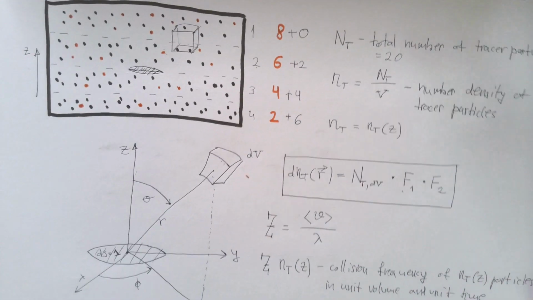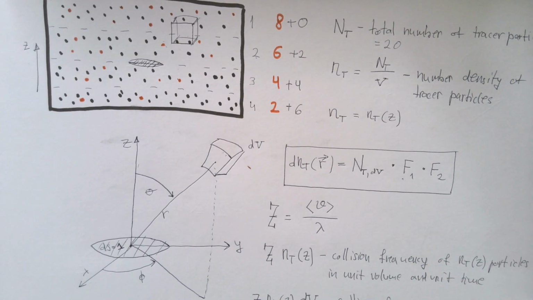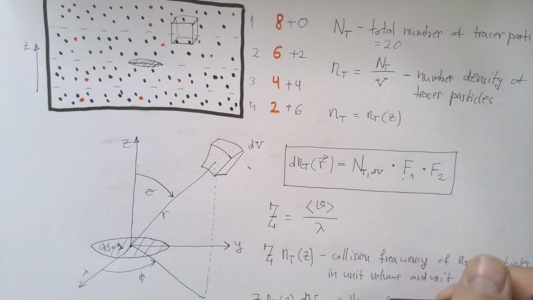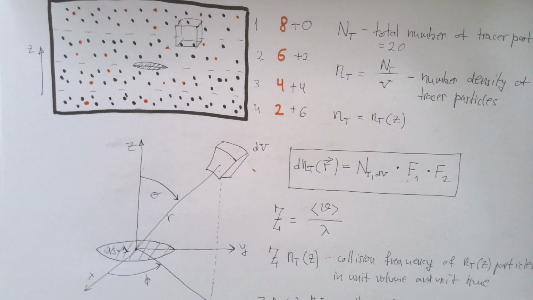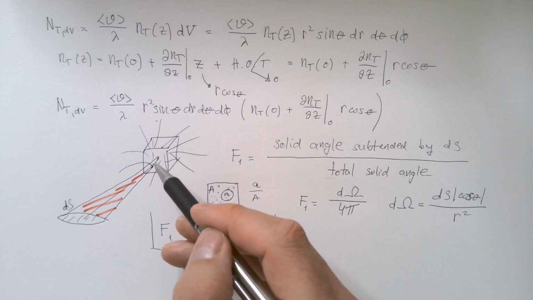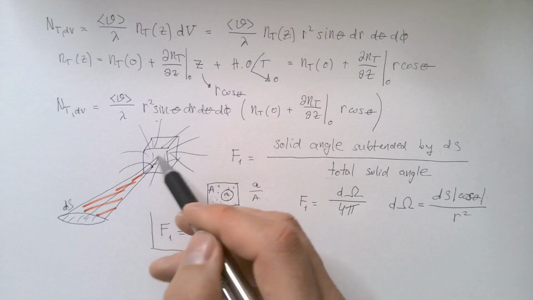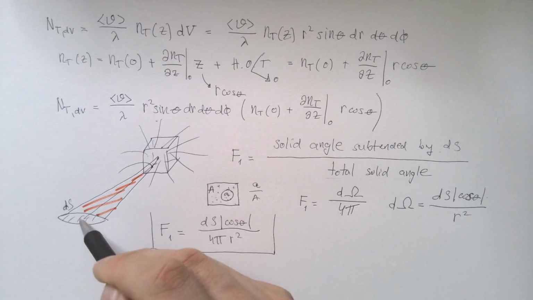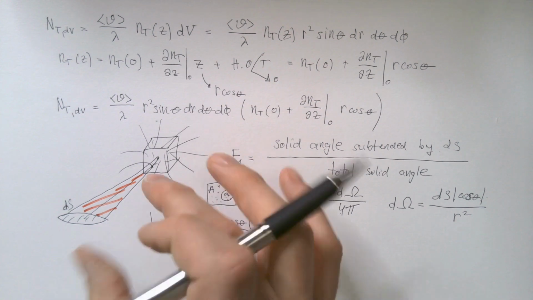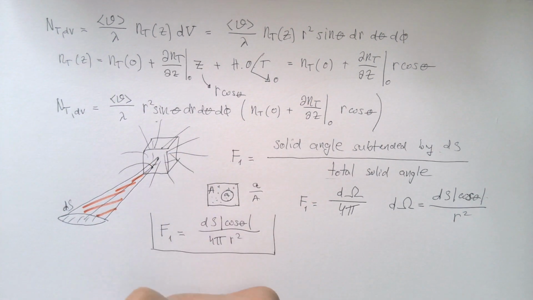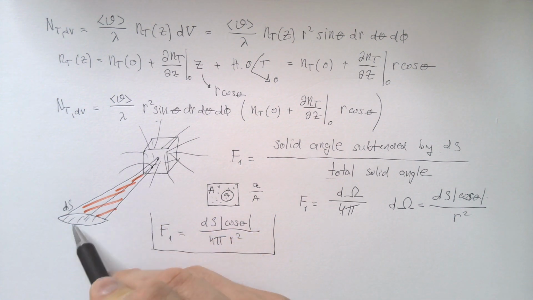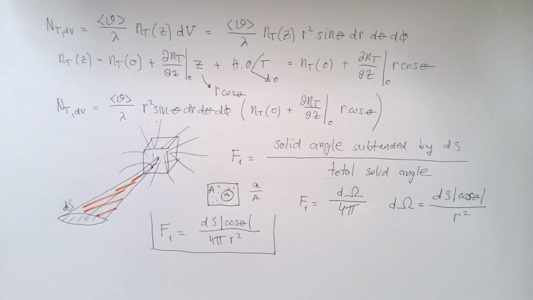Going back to our original equation, you will notice that we now found this parameter and we found F1. The last thing that we need to find is F2. And what is F2? Well, F2 is saying, okay, we found particles that after collision in dv are moving towards ds, but some of them will collide with particles in this interval over here and they will never reach ds. So what is the fraction of particles that are traveling towards ds and will actually reach ds without colliding with some particle?